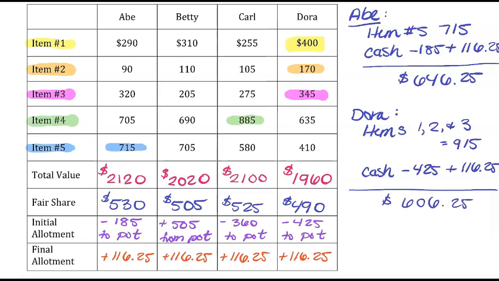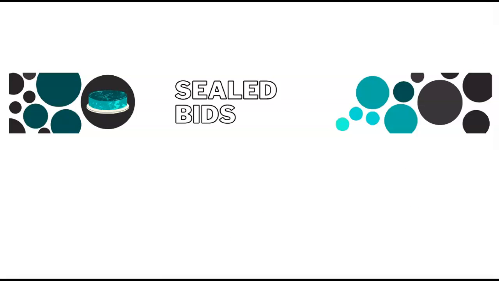That's the total evaluation of the items she received, plus any adjustments with the cash. Since she considered a fair share to be only $490, she did really well based on her value system. We could do the same thing for Betty and Carl and find out that they also received more than their fair share. And that's how the method of sealed bids works.